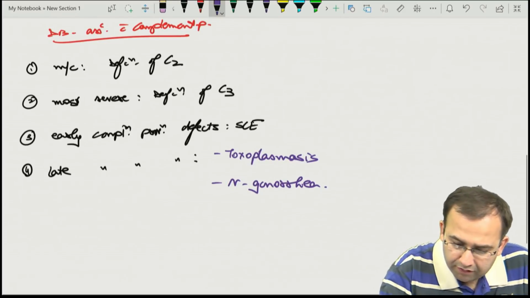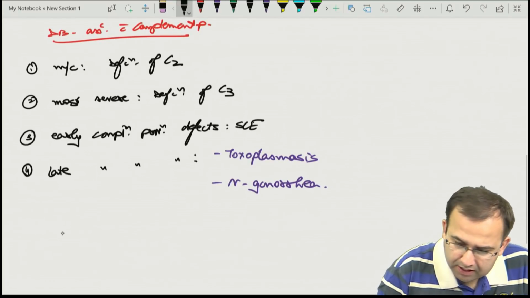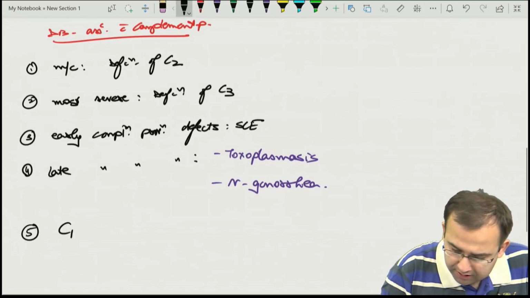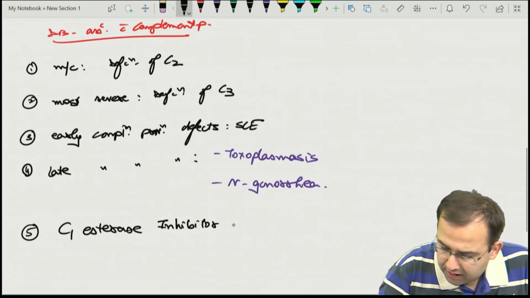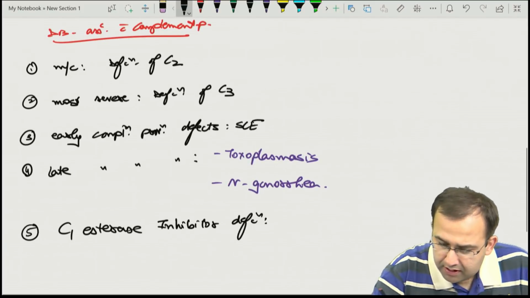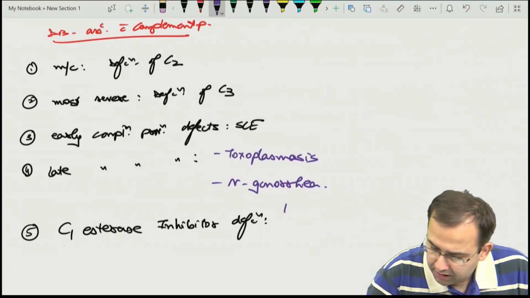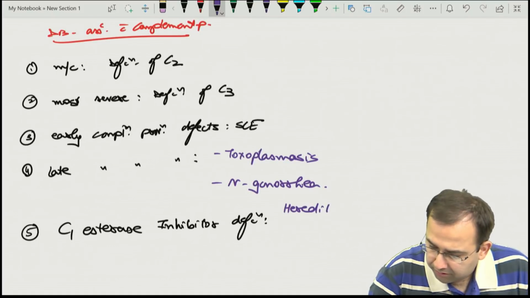Next point, C1 esterase inhibitor deficiency is associated with hereditary angioneurotic edema.